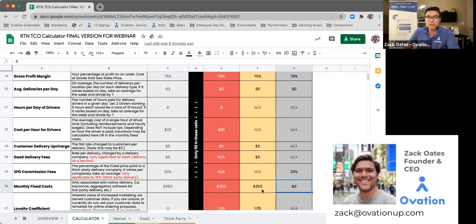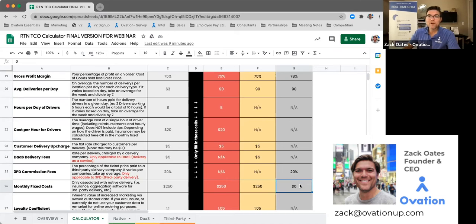To get a full picture, you can probably assume there's technology you're going to use across the board that we have factored out, such as point of sale that you're going to need regardless. That way it's looked at as: what technology do I need just to do native, just to do delivery as a service, just to do third-party delivery.